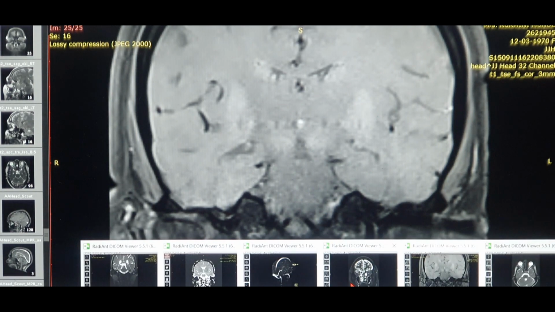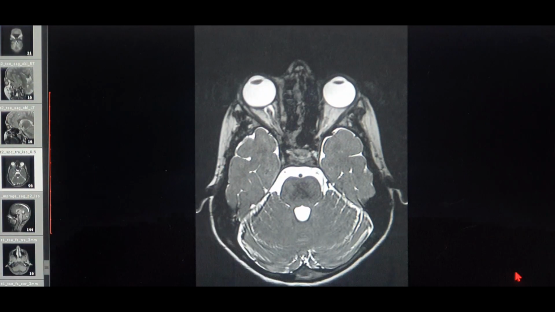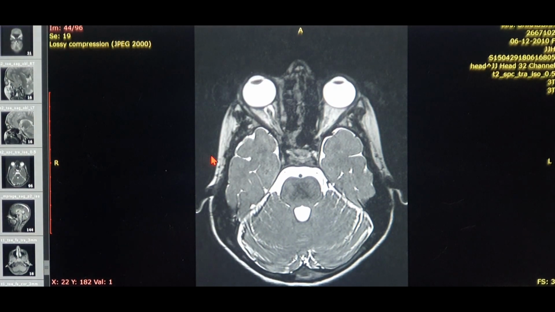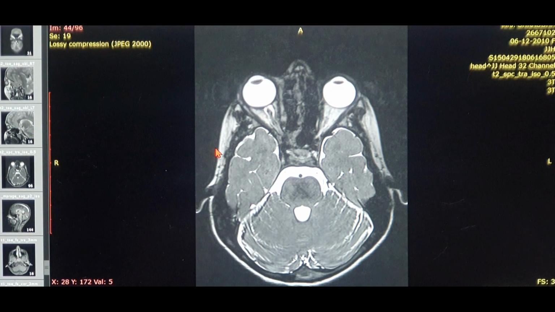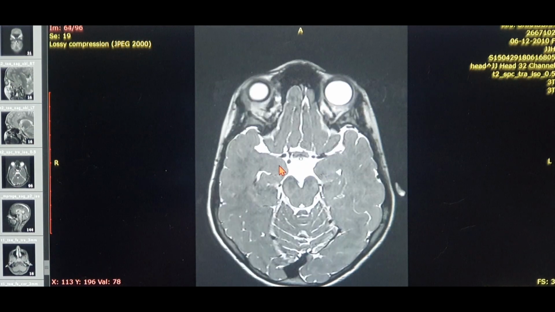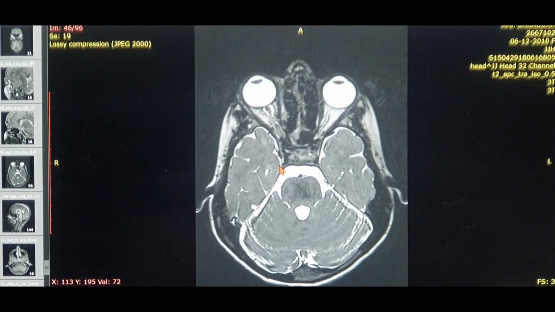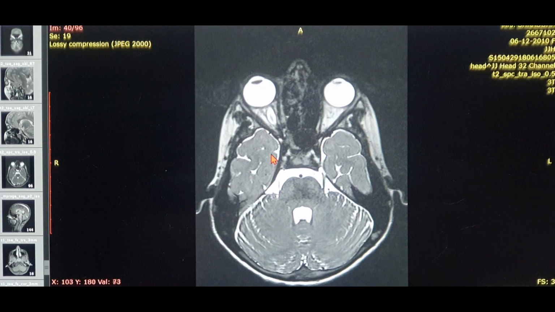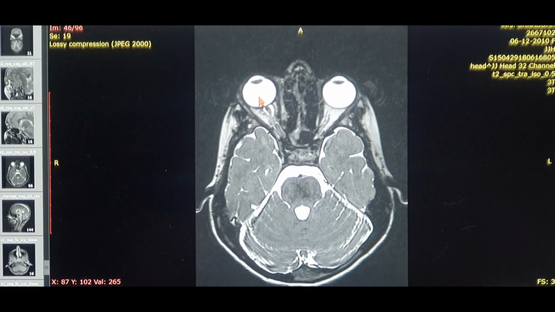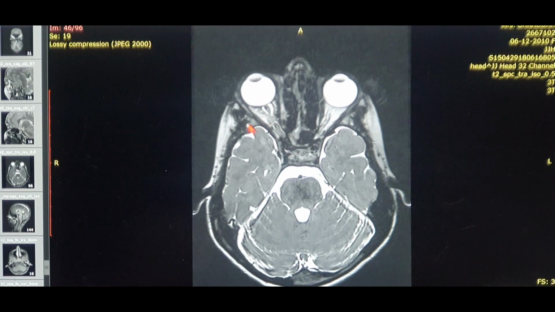Now I'm going to show you a different scan, a T2 scan. What you can see on the screen right here is a T2 scan. Why T2? Because the vitreous and the CSF are quite bright over here. So once you have to locate the vitreous humor and the CSF, now you can see the optic nerve over here.